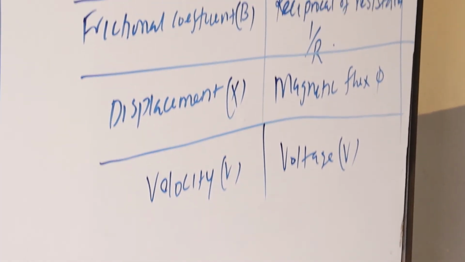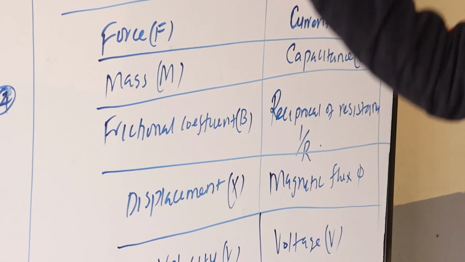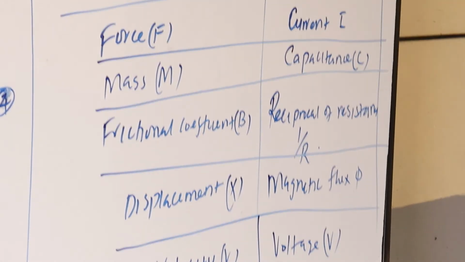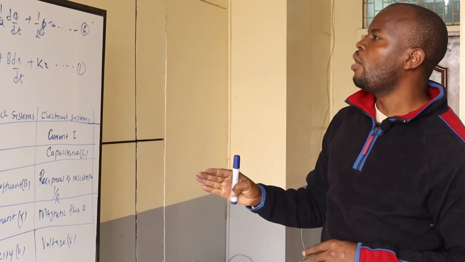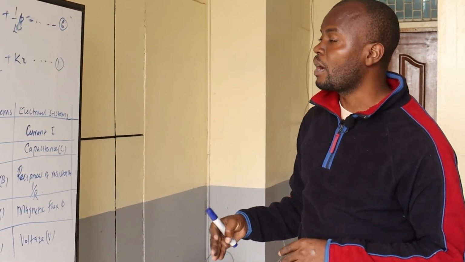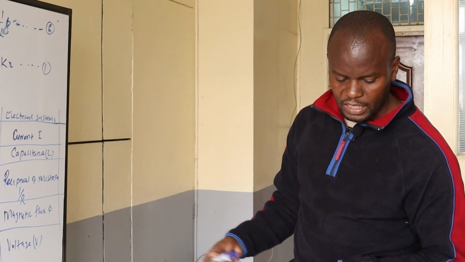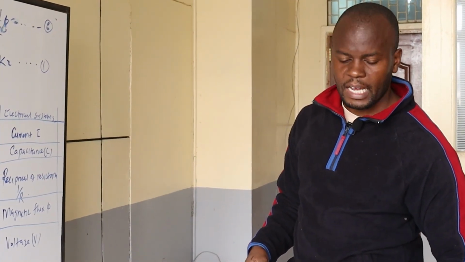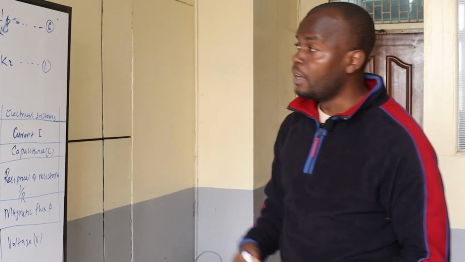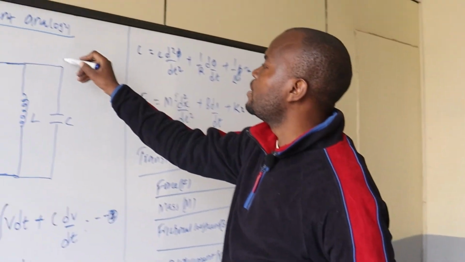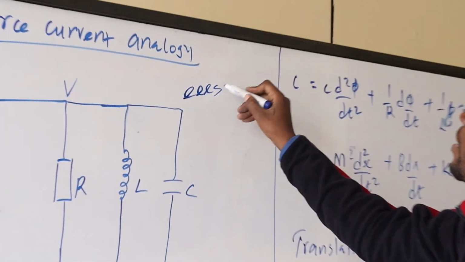You can also have the analogy not for the force but for the torque, looking at the rotational systems. That is what we call the torque-current analogy. That one you can also find at the website, EEES.education.